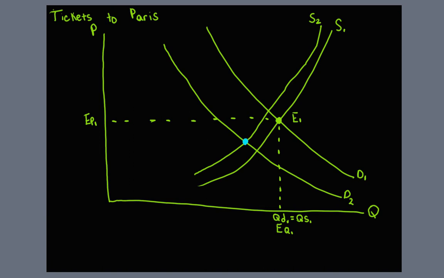And if I move over to the vertical axis, I see that I have a new price that corresponds to the new equilibrium. And if I look at what happens, I see that indeed the equilibrium quantity has decreased at the same time that the equilibrium price has also decreased. And that's exactly what this problem has told us happened.